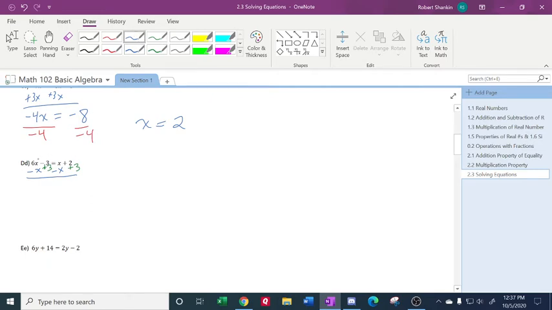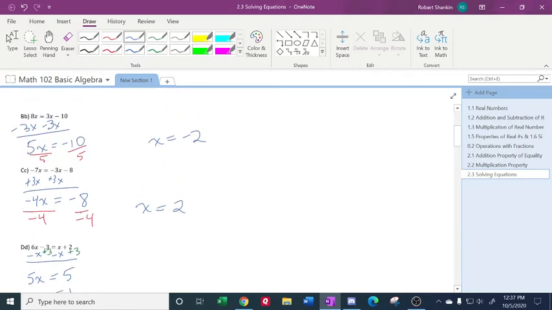If we did all this at once, we'd get 5x, and then these x's would cancel out, equals 5, divide by 5, and it's clear that x is 1. Alright, so we had 4 problems.